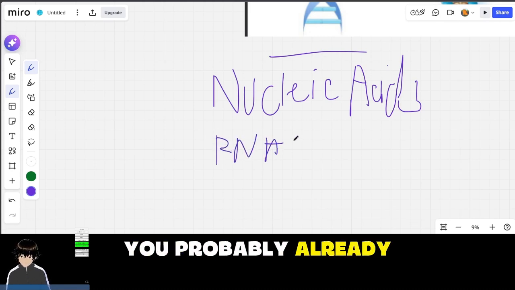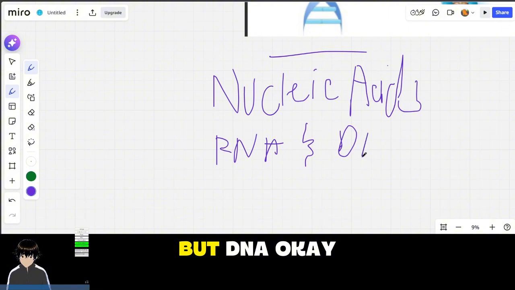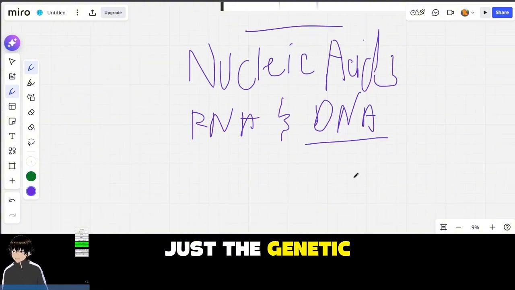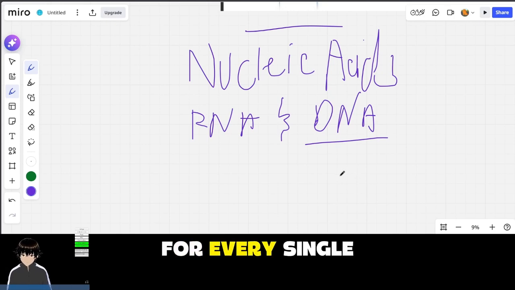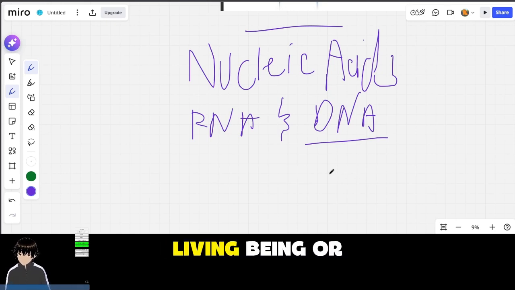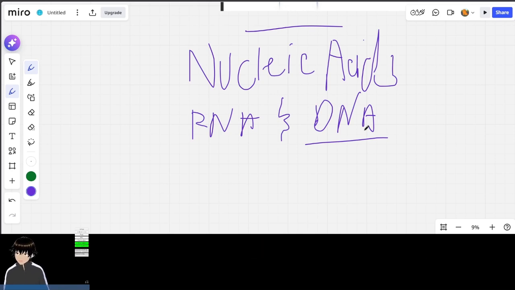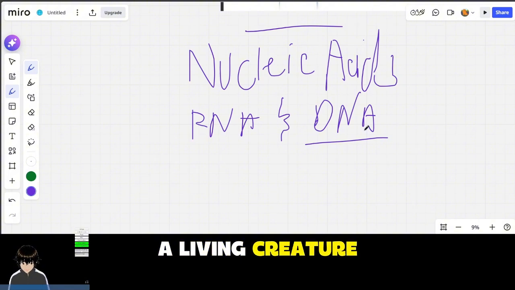You probably already know what that is, but DNA, okay, this is basically just the genetic blueprint for every single living being or living creature. That is what determines almost everything that a living creature could possess.